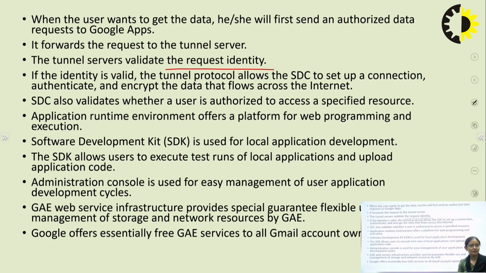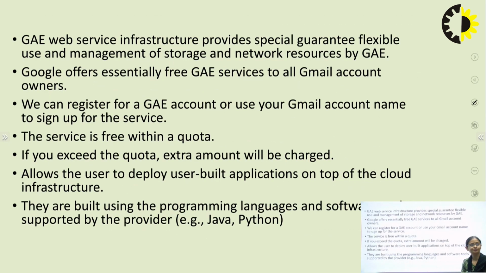The GAE web service infrastructure provides a spatial, guaranteed, flexible use and management of the storage and network resources by Google App Engine. It offers free GAE service to all Gmail account users. Google offers essentially free GAE service to all Gmail account users, which we have already seen.